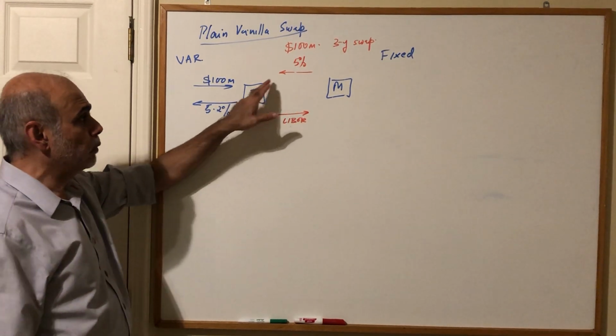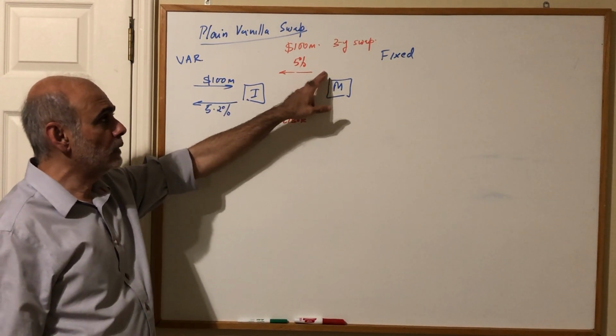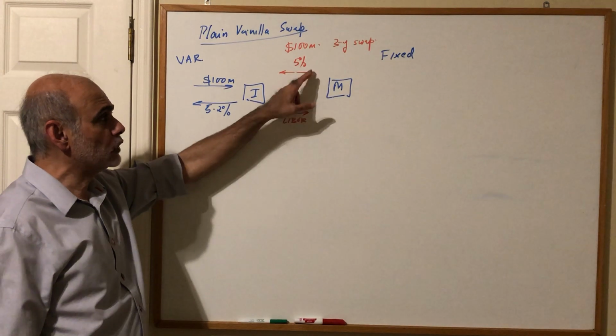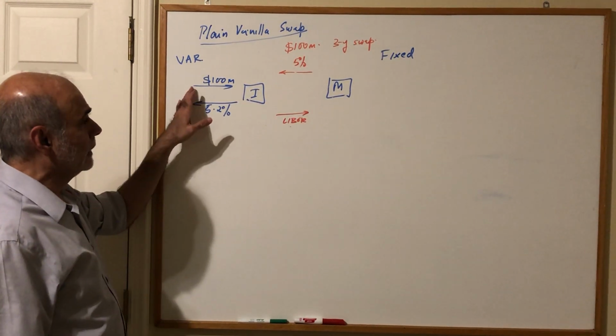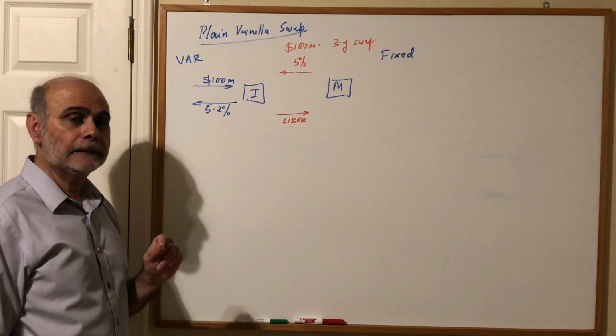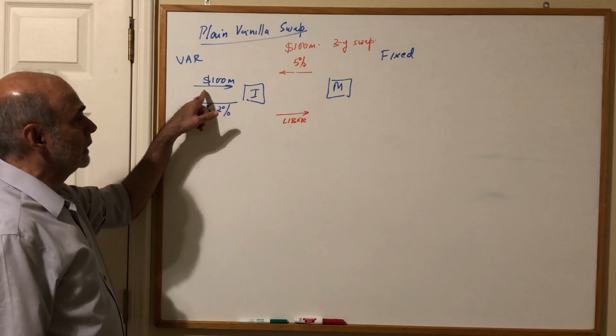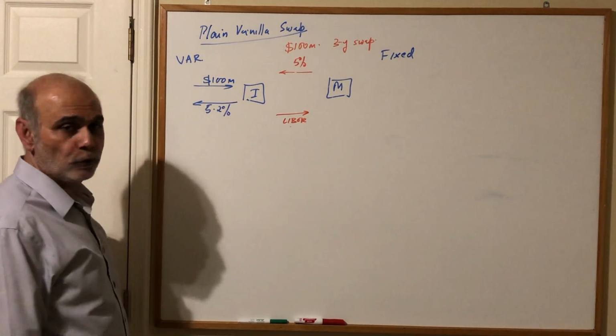So this 5 pointing towards Intel means Intel receives it. From Microsoft's point of view, the 5 pointing out means Microsoft is paying it. And similarly for LIBOR. So these arrows represent the cash flows to the bond that Intel issues. It receives 100 million from the issuance of the bond and pays 5.2%.